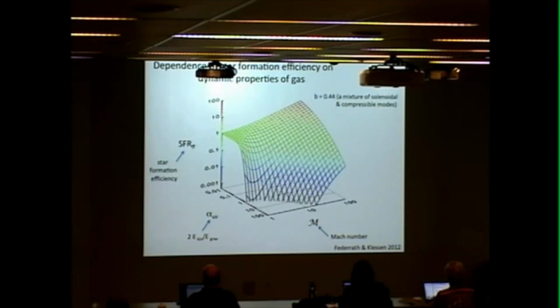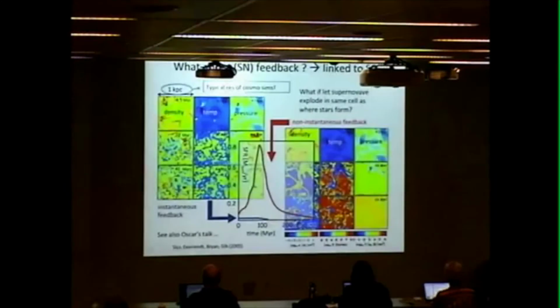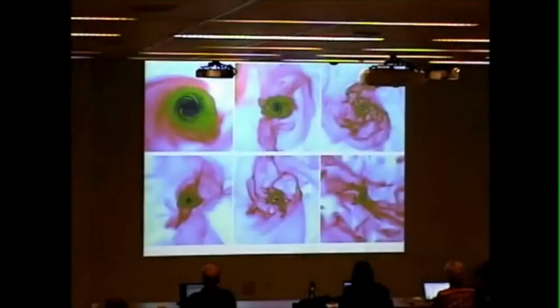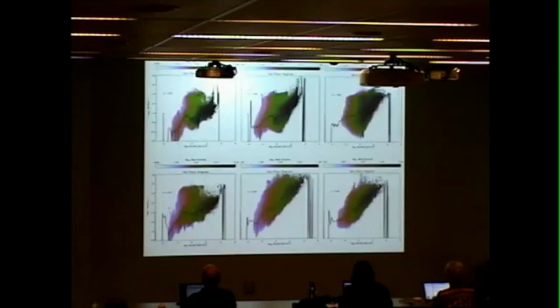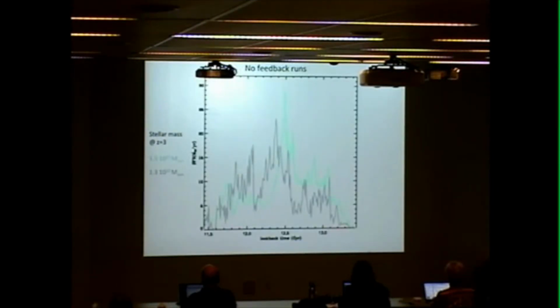And have you checked what that produces globally? Yeah, that's what I was very fast on, because I mistimed myself pretty badly. But you can check what it does. That's the difference between the two runs in the star formation rate, and that's the mass of stars that you form. No, this is the efficiency, the epsilon of 1%.